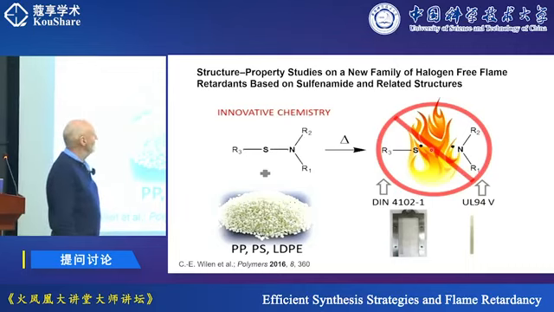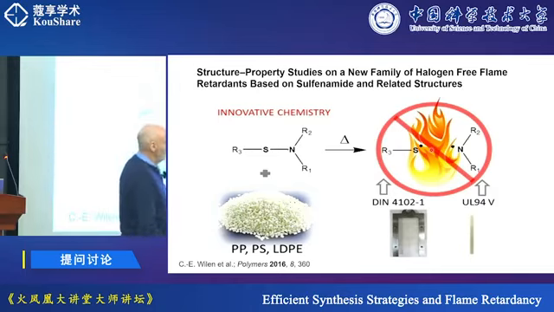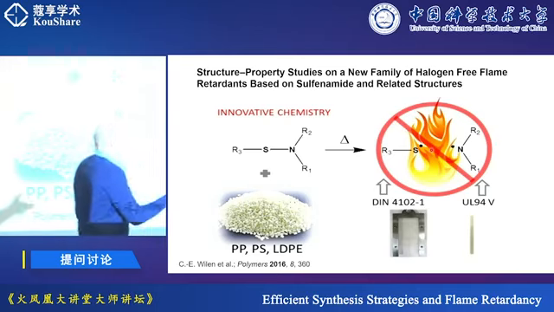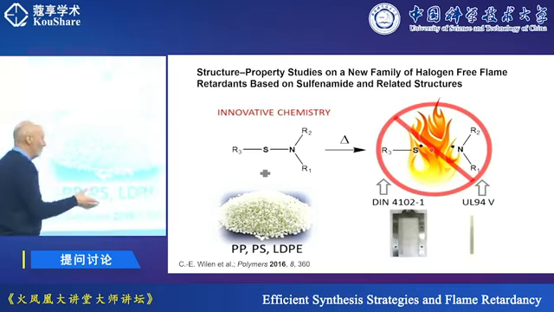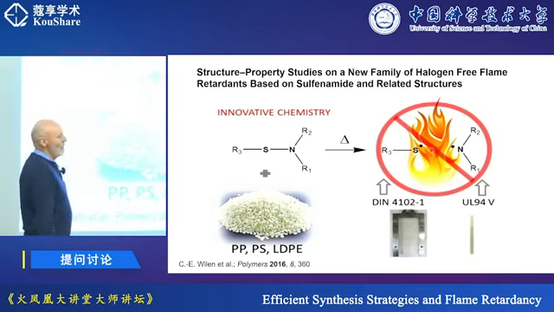So these radicals will catch the hydrogen radical, the OH and O and H radicals, like PO or bromine radicals. It's the same, but more efficient. Is it efficient compared with the PO? No, it's more efficient. That's why you need so little amount of flame retardants.